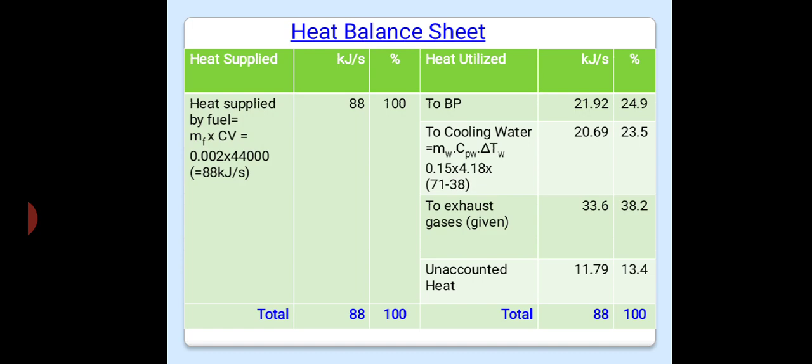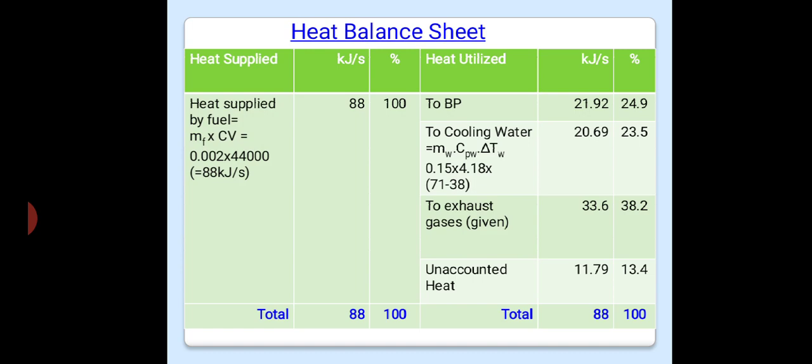Next, the second parameter for heat utilization, heat to the cooling water. So we have the formula MW CPW into delta TW. MW, mass of water, they have given 0.15. CPW they have given 4.18, and delta TW we have to calculate.